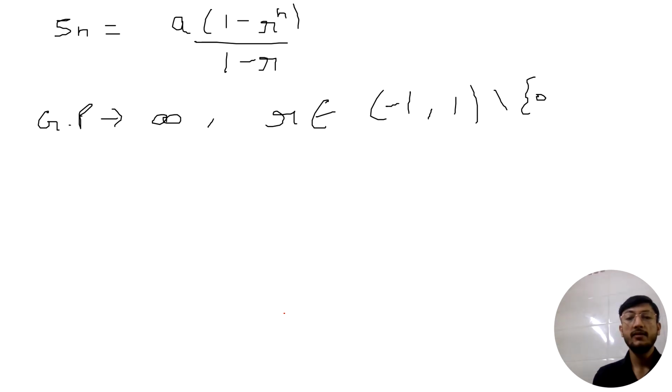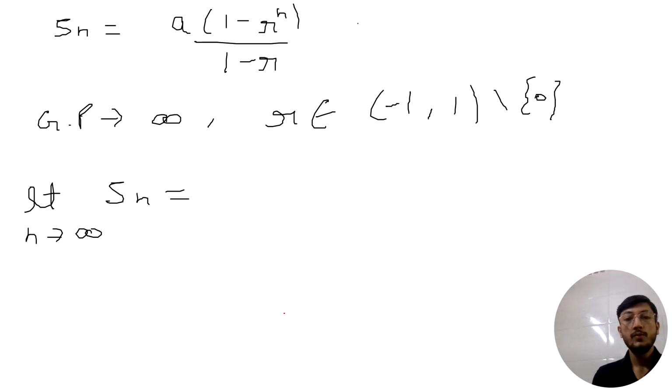Obviously, I exclude 0 because 0 makes no sense, and r belongs to between -1 and 1. So if I want to calculate this for infinite, because our n is going to infinity, I take a limit as n approaches infinity of Sn.